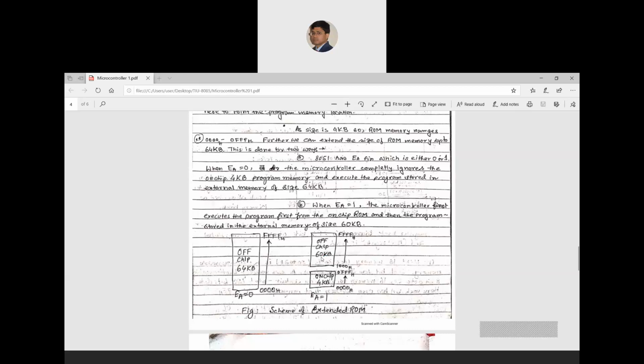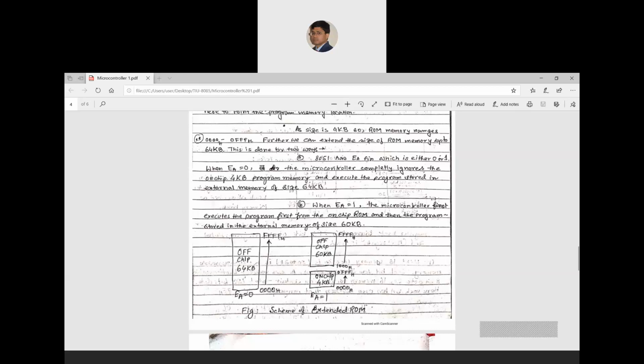So this is the architecture, this is the scheme of extended ROM. You need to understand this explanation, and it is required to answer questions in the exam also. A question from this segment may be asked like this: what is the importance of the EA pin in the 8051 microcontroller?